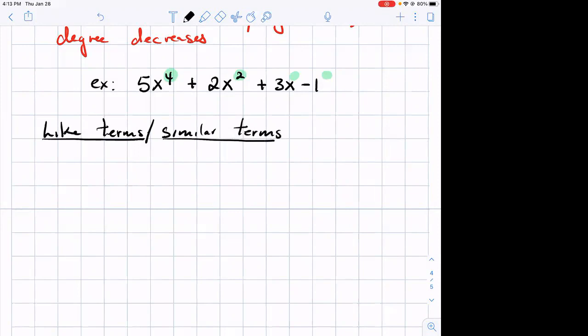So when we talk about like or similar, okay, the variable or variables and exponent must be the same.